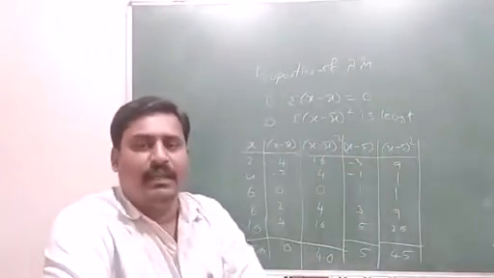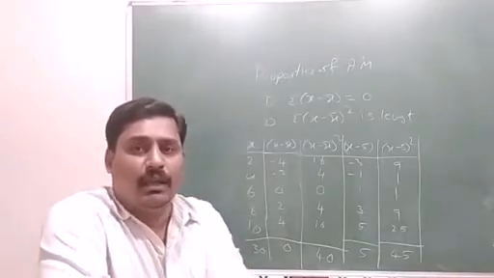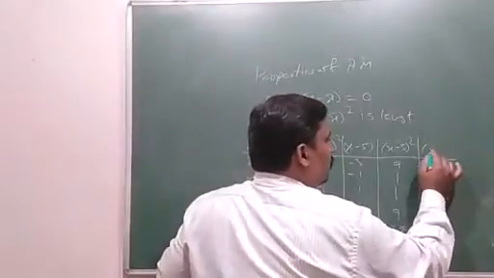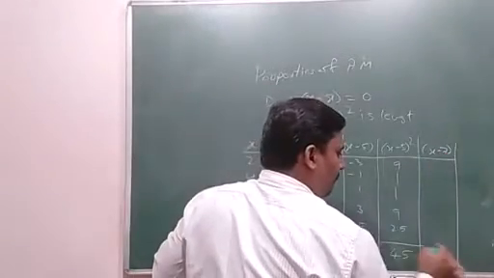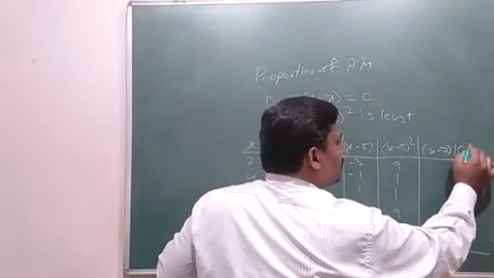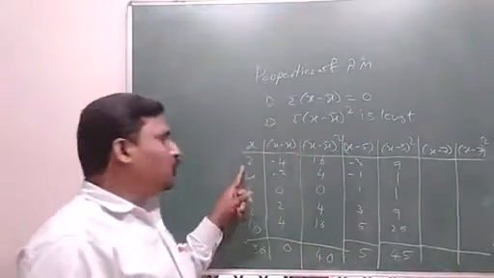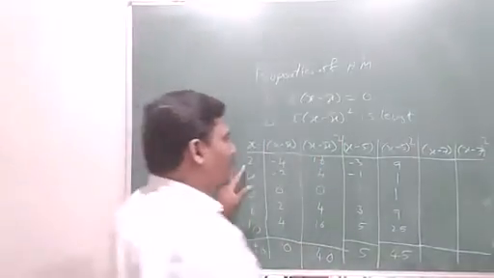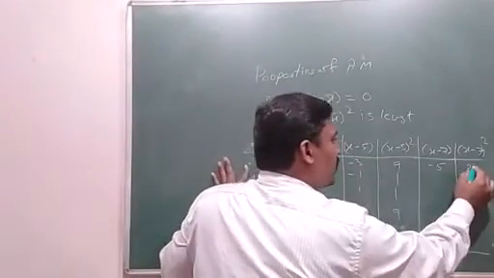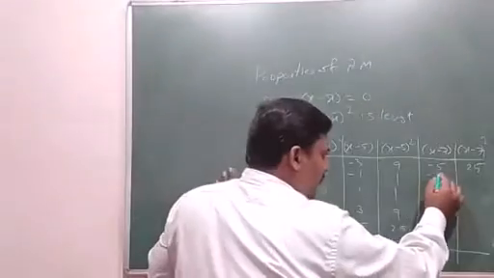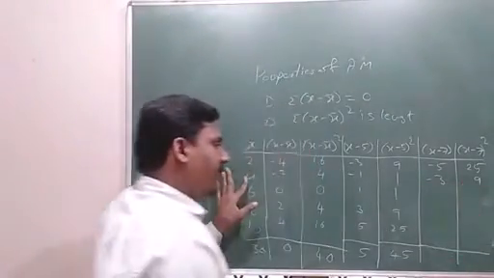Let us check by taking a value which is more than its arithmetic mean. Let us take 7. So x minus 7 and its square. 2 minus 7 is minus 5 and its square is 25. Then 4 minus 7 is minus 3 and its square is 9.